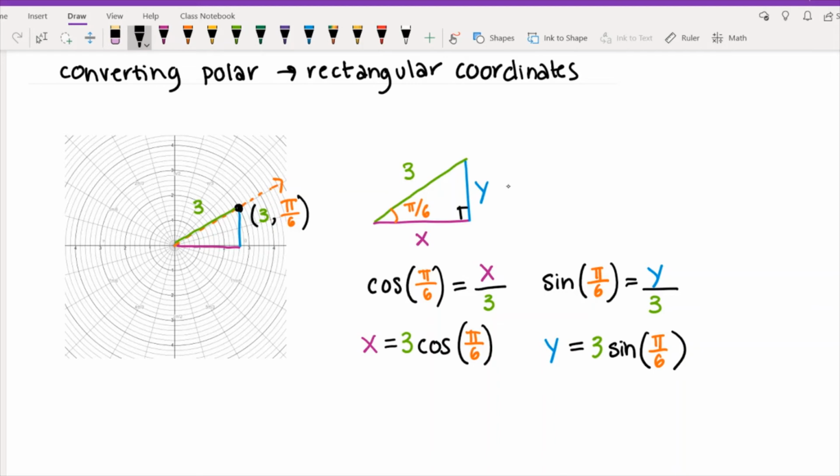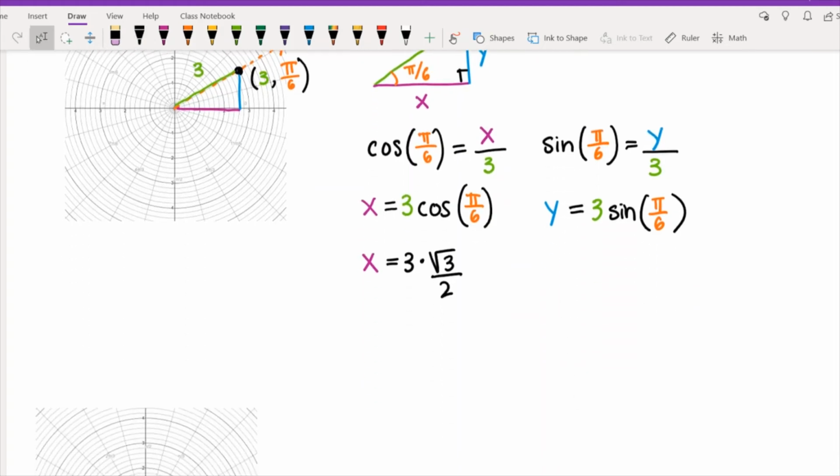So what is cosine of pi over 6? Well, it's square root of 3 over 2. So it tells us that x is equal to 3 times square root of 3 over 2. So we can write that as 3 root 3 over 2. And then what is sine of pi over 6?